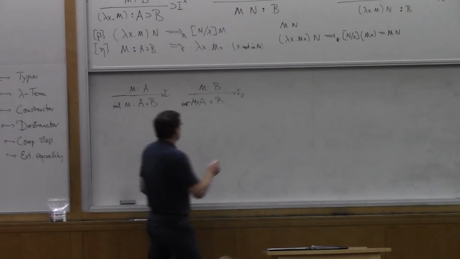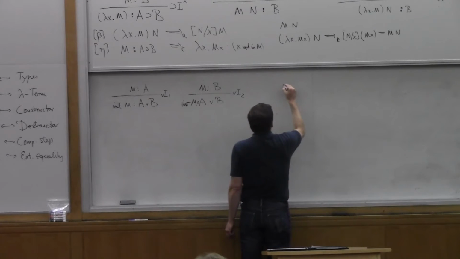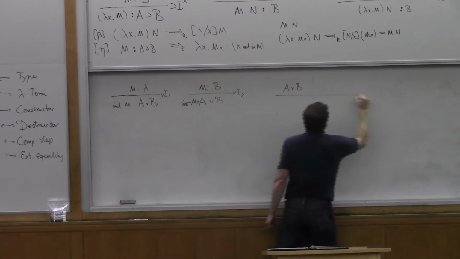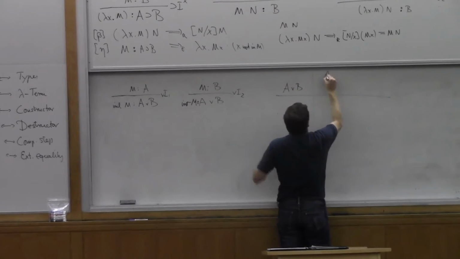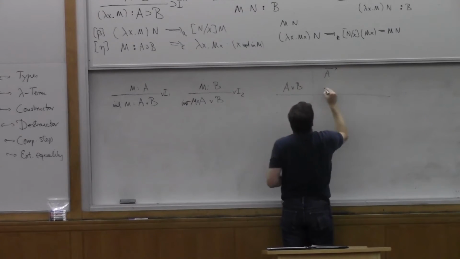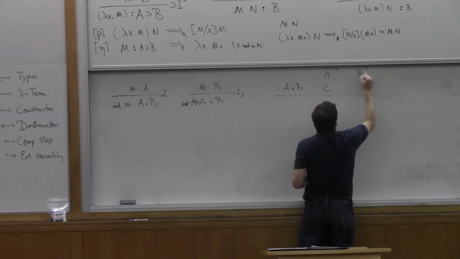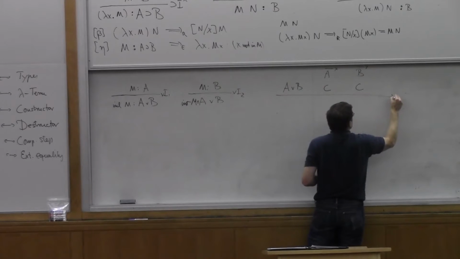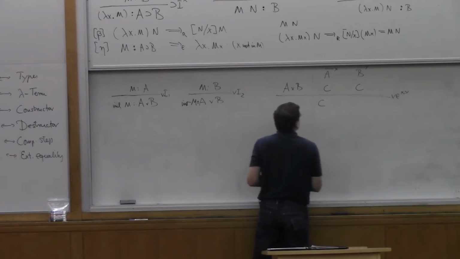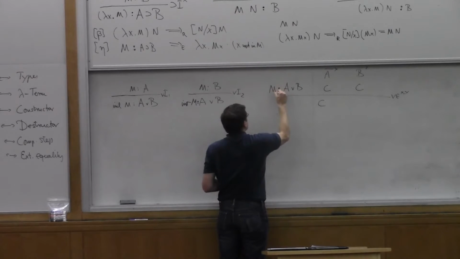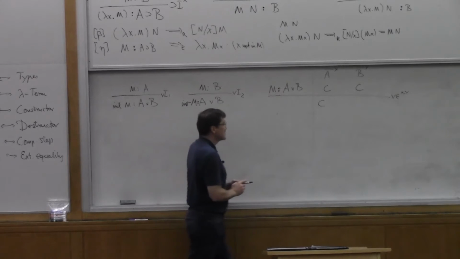And then the or-elimination looks like this. If we know A or B, we assume A, label it X, and have to prove C. We assume B, label it Y, and prove C. That's or-elimination, which introduces X and Y, and at the bottom we've got a proof of C. Now this has to be in full generality, so we don't know what a proof M of A or B looks like.